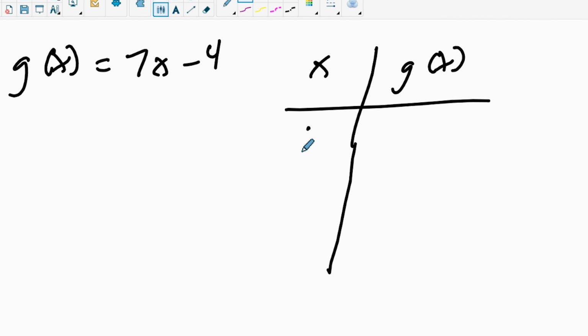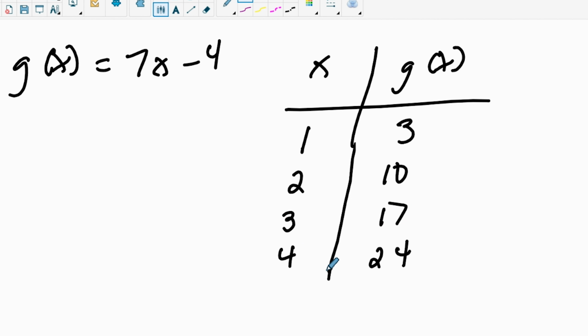Just real quick, when x is 1, we get 3, 2, 10, 3, 17, 4, 24, and we can do the difference on those, 7, 7, 7. Slope is 7. So, this is fairly obvious and not really groundbreaking because, again, when I'm doing these differences, it's really the same thing as the average rate of change. And so obviously that would equal the slope.